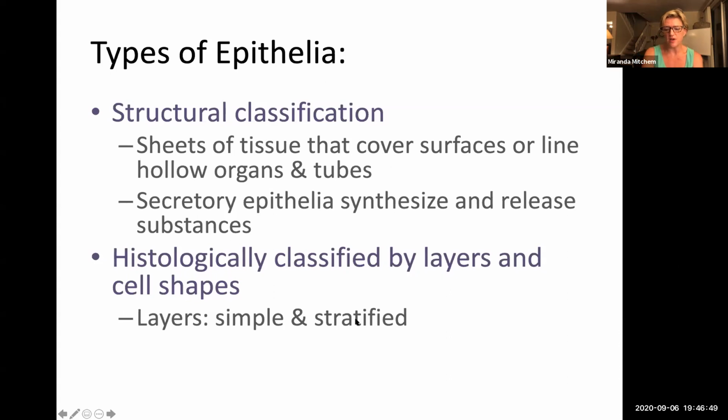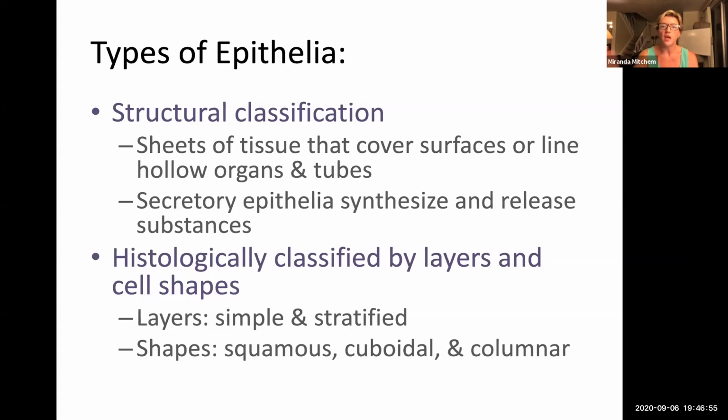And then we can also look at the morphology or the shape of the cell. We've got three options there: squamous, cuboidal, and columnar. Pretty much every time we see columnar epithelial cells, it's serving the same function. Same with cuboidal cells, and same with squamous. Let's take a look at what they look like.